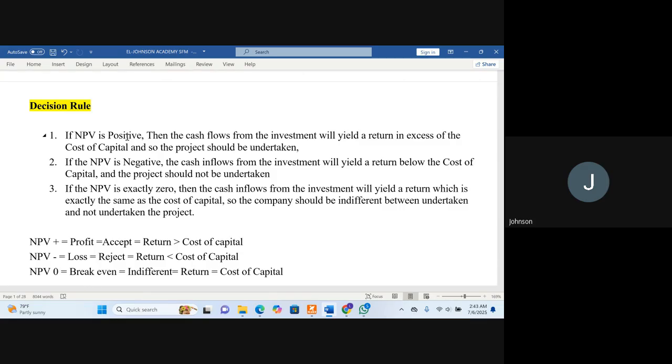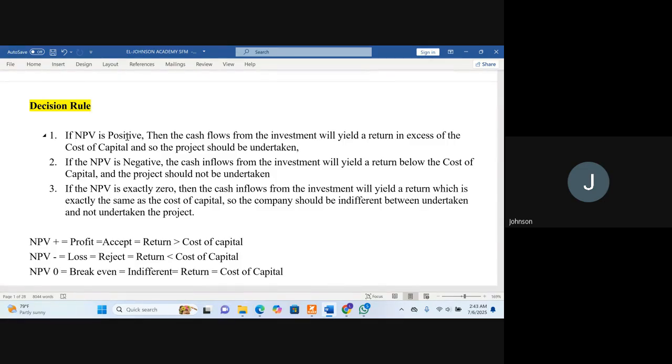Now, maybe we have calculated our IRR. We discover that for us to break through in this project, we cannot take a cost of capital that is above 25%. Now you check, this bank is giving us 30%, the other one is giving us 50%, the other one is giving us 20%. After our findings, the highest cost of capital we can use for this project is 25% based on our IRR.